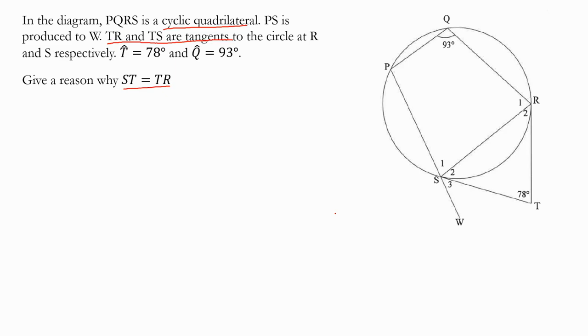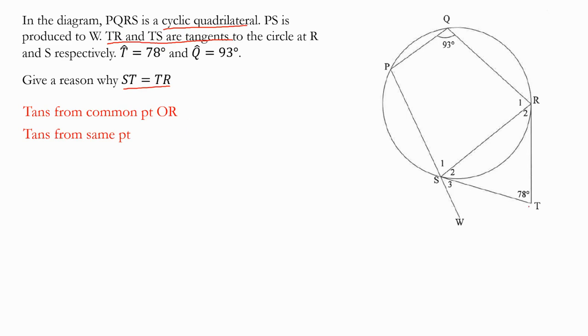So what do you know about the tangents to the circle? We are saying ST is equal to TR because they are tangents from the same point, or tangents from a common point. Right, what do you know about the tangent from the same point?